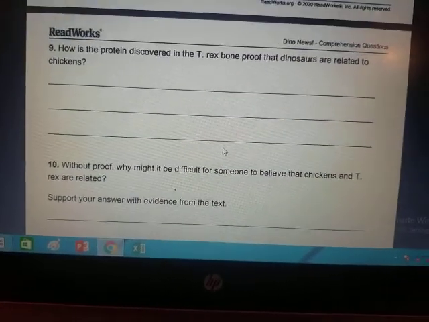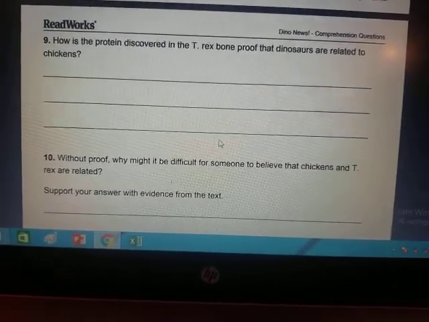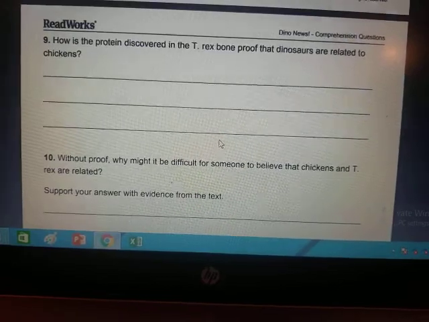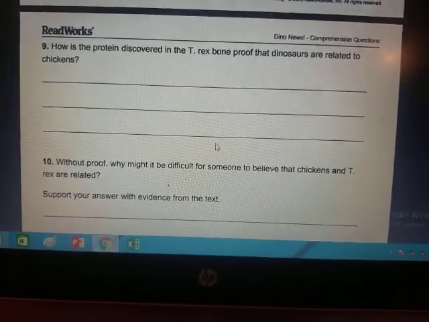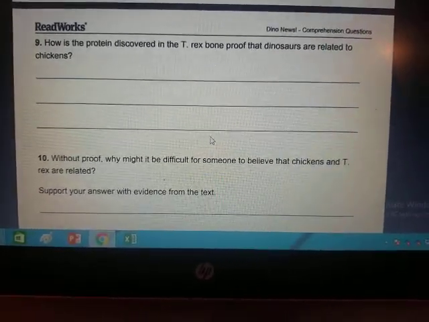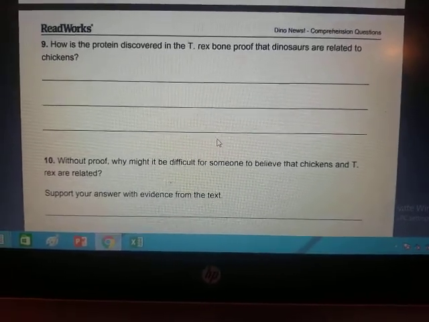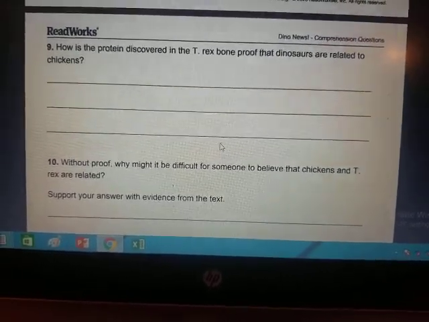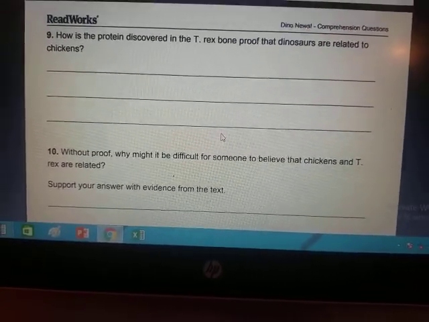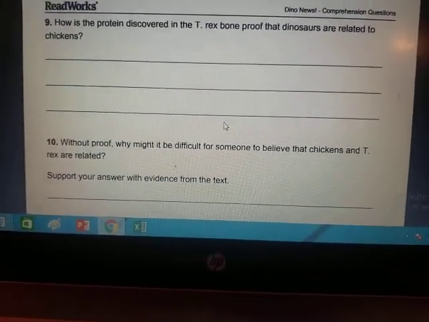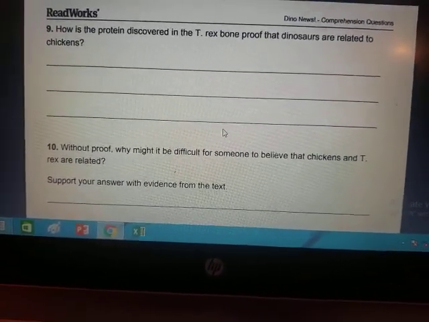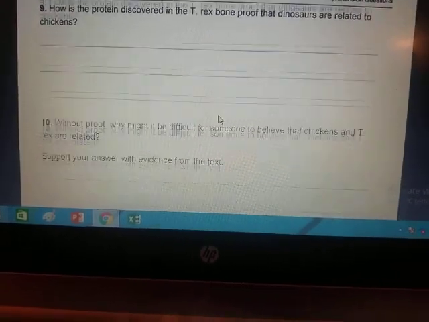Then it says, number 9, how is protein discovered in the T-Rex bone proof that dinosaurs are related to chickens? So protein discovered in T-Rex's bones are proof that dinosaurs are related to chickens because blah, blah, blah. And you can find your answer above.